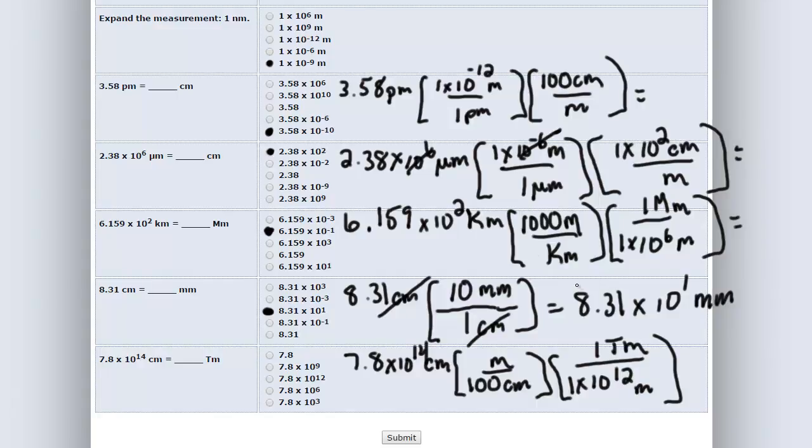So we have a 1 times 10 to the 2 in the denominator and a 1 times 10 to the 12 in the denominator. That's going to be a 1 times 10 to the 14 in the denominator. 10 to the 14th in the numerator and 10 to the 14th in the denominator, well, that's going to cross out and give us 7.8 terameters.